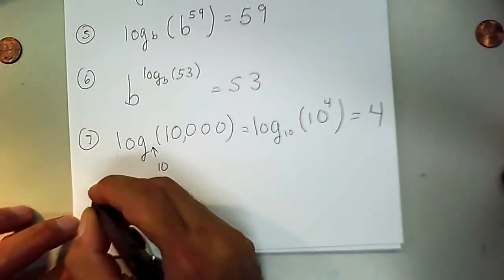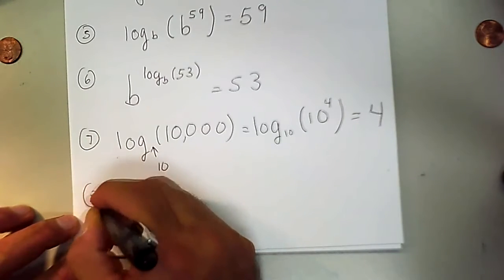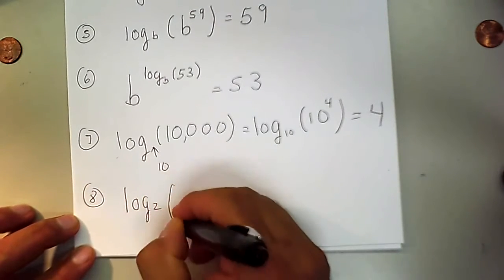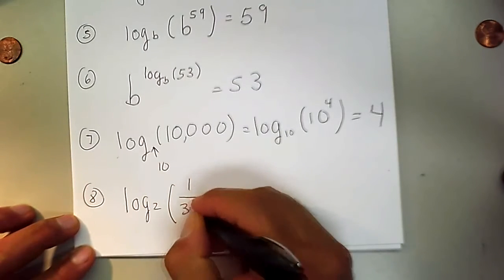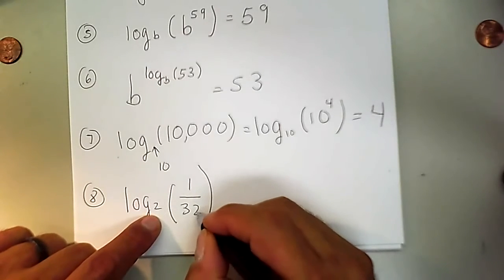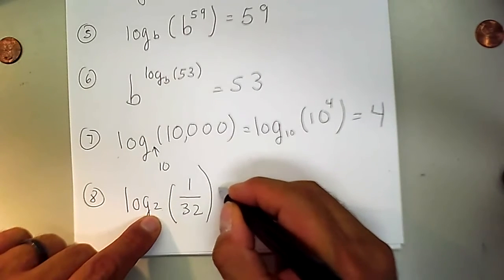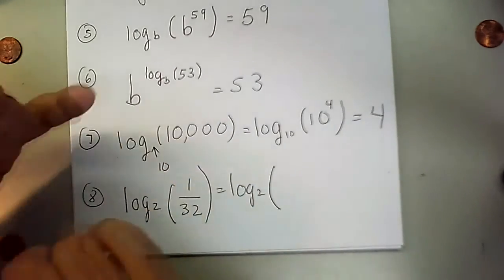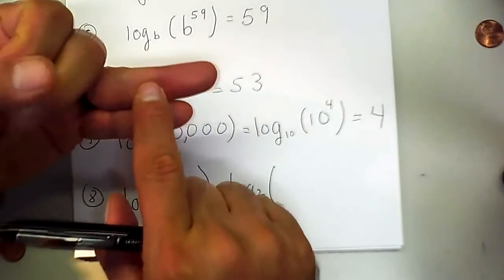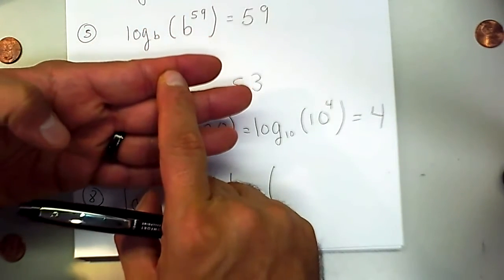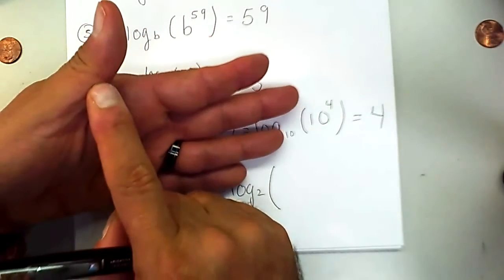Let me give you another example. Let's say you have the logarithm in base 2 of 1 over 32. Okay, that's a typical kind of example. So I have to be able to write 32 as a power of 2. So this is the same thing as the logarithm in base 2 of 32. 2 times 2 is 4, times 2 is 8, times 2 is 16, times 2 is 32.